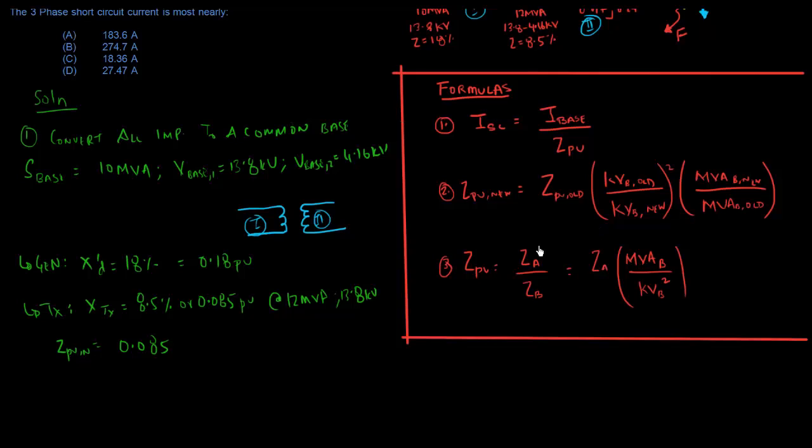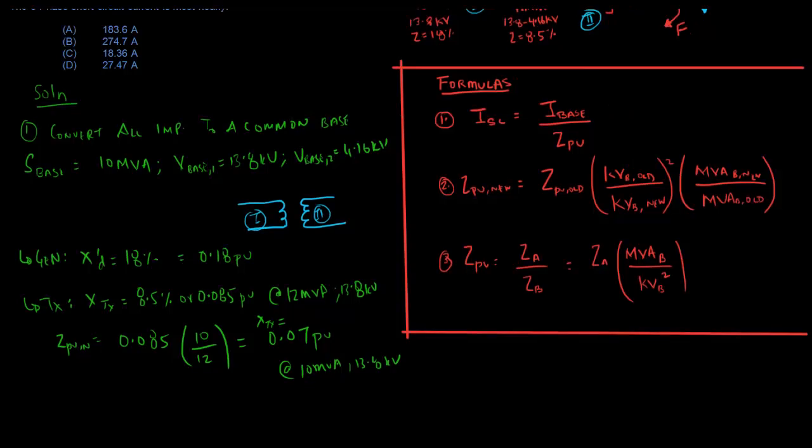I already said the kVs are going to cancel out. So in the numerator, the new basis you want is 10 MVA over 12 MVA, and you're going to get a value of 0.07 per unit. That's your new XTX at 10 MVA and 13.8 kV as the basis.